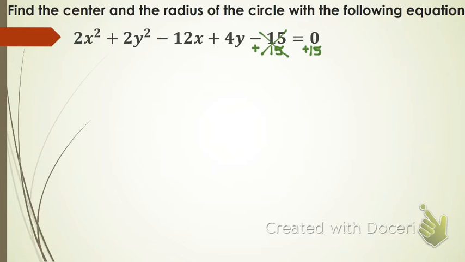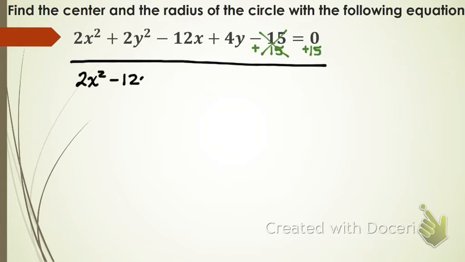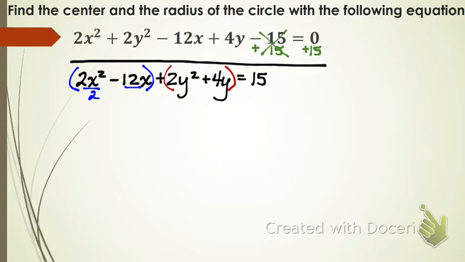I'm going to take this opportunity to reorder this so that I can group my x's and my y's easier. 2x squared minus 12x plus 2y squared plus 4y is equal to 15. Do I need to pull any coefficients out? Yes. What do I need to pull out? 2. It's the same on both of these.